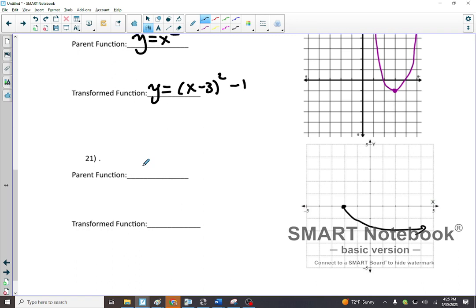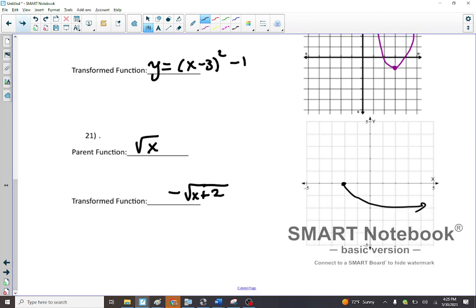Over here, the parent function is square root x. The transformed function is flipped over and moved to the left twice, so I have to do +2. All right, that was test 1.